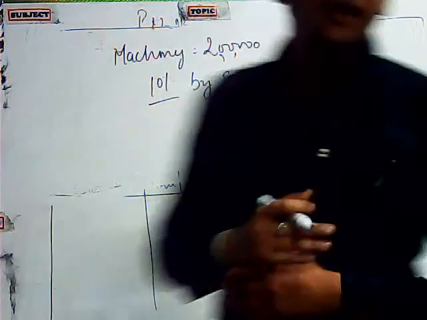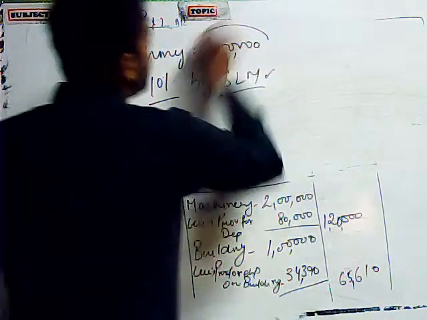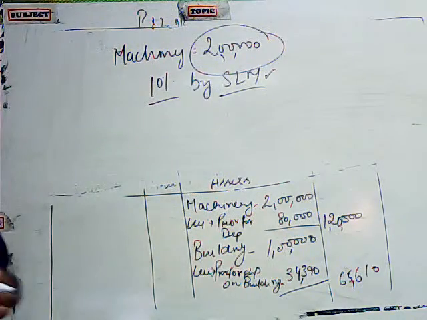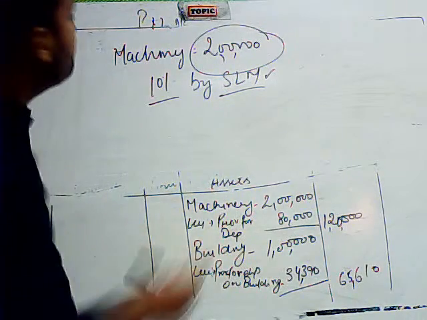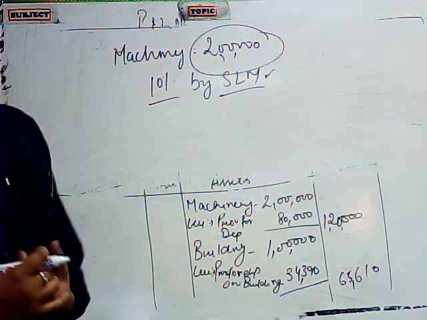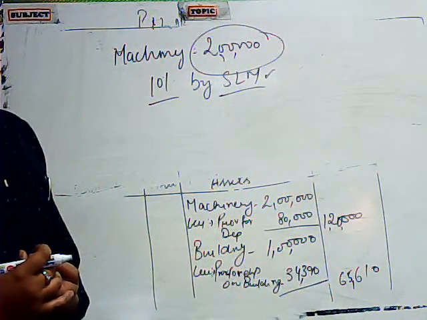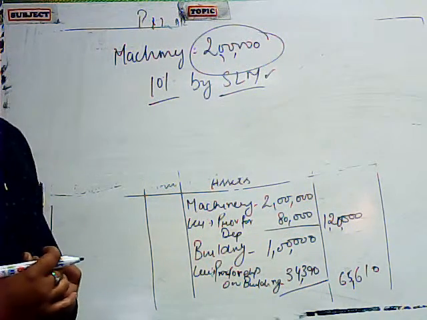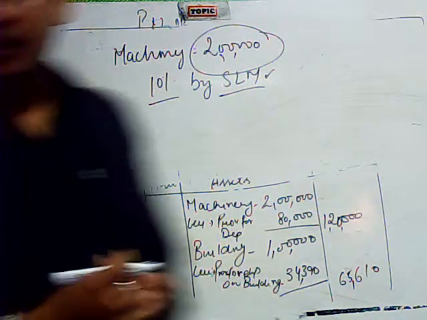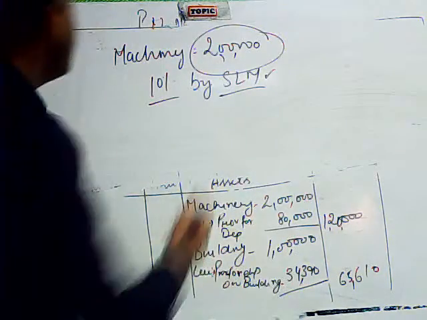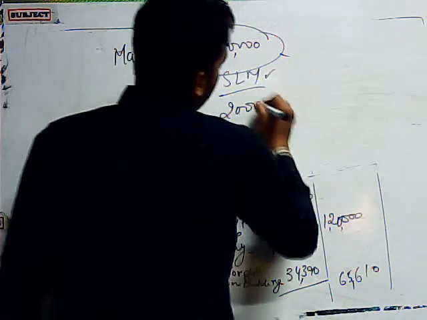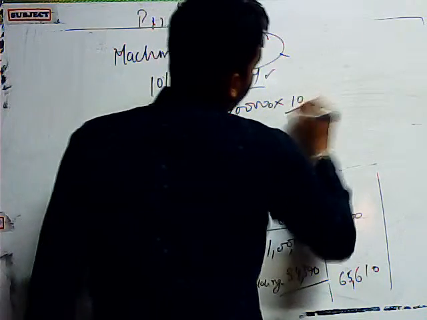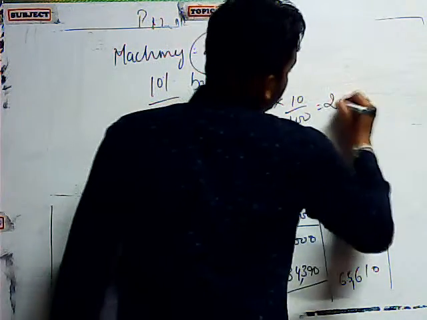So in the straight line method, we always have to charge depreciation on the purchase price, not on the remaining value. Clear? Every time we have to charge the depreciation on the purchase price of an asset. For example, for the first year, 10% of 2 lakh is 20,000.